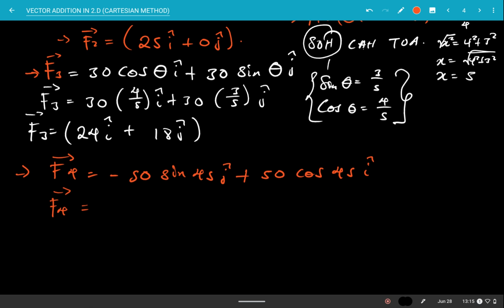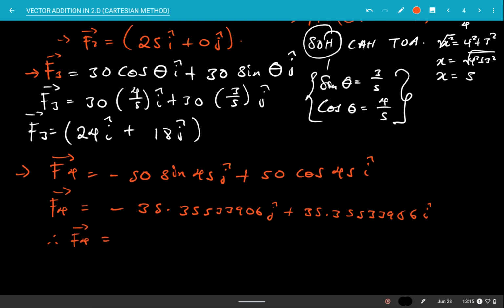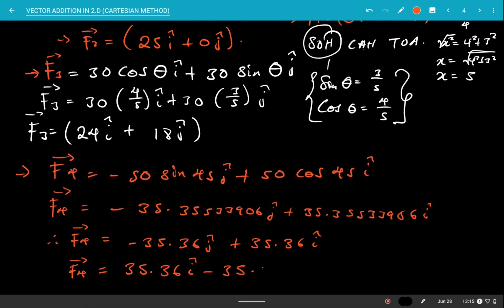and all you have is minus 35.35533906 in the j, plus 35.35533906 in the I. If you round them off to two decimal places, you'll be having minus 35.36 in the j plus 35.36 in the I. If you want, you can push in the I first, then the j later, and you have 35.36 in the I, then minus 35.36 in the j.